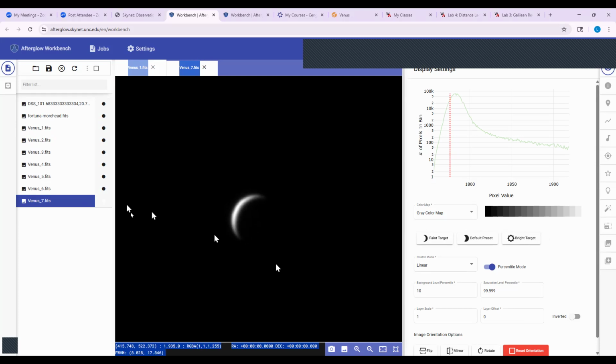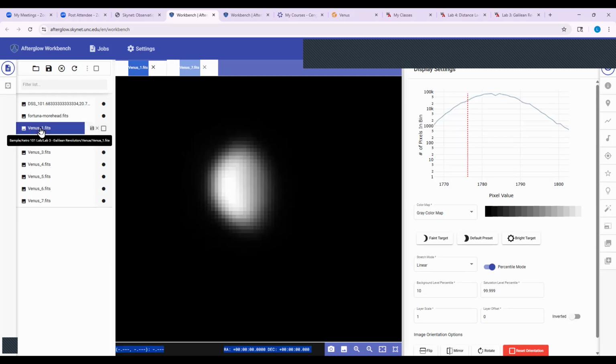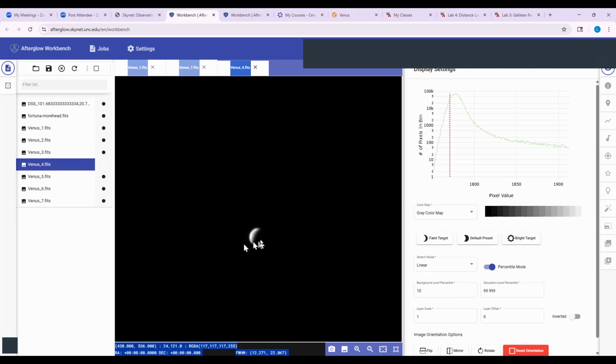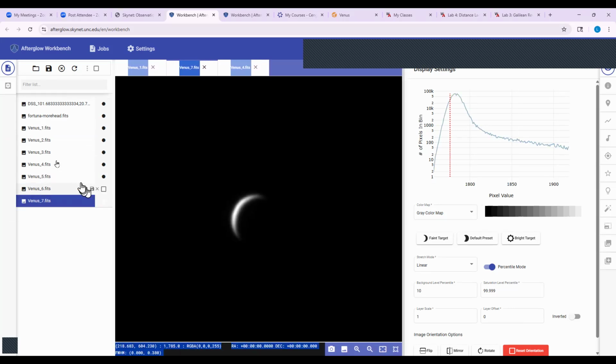If you can make several measurements like this, a fatter crescent or a narrower crescent, if you have all of them, you can make 6 or 7. You can do the same exercise with your own data. That's answering your question. Is that what you were asking for? Yes.